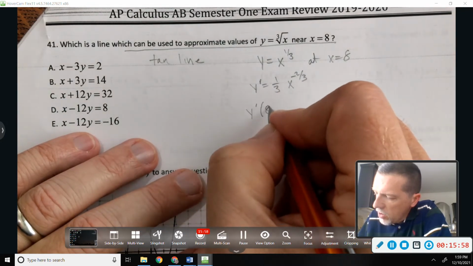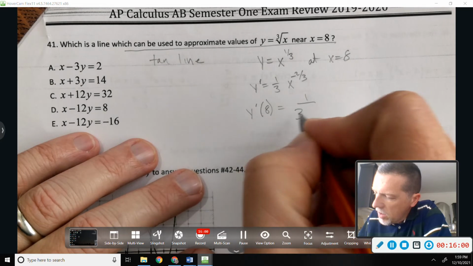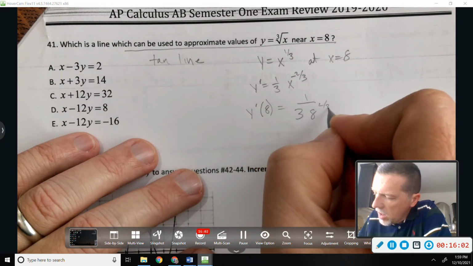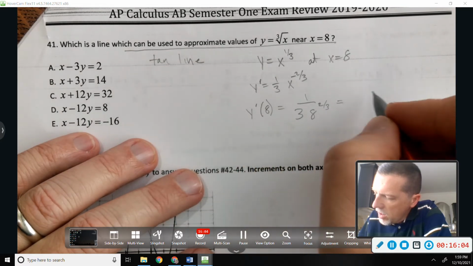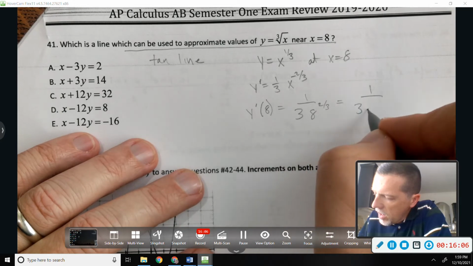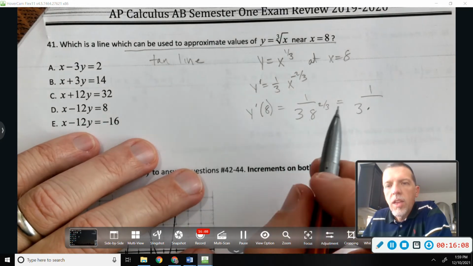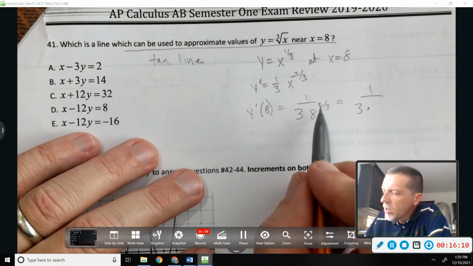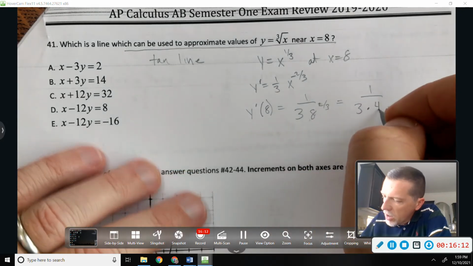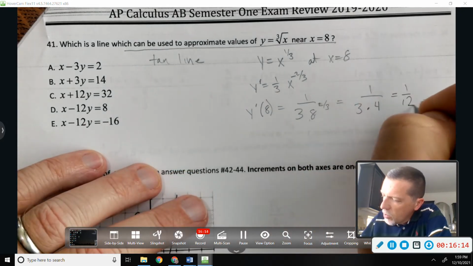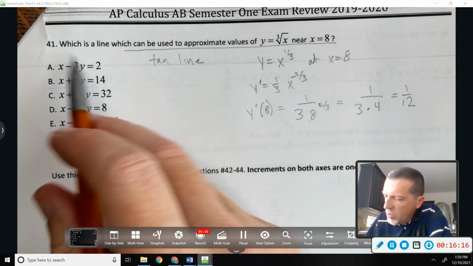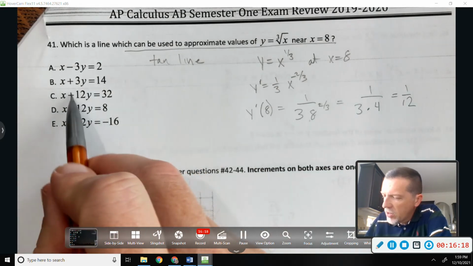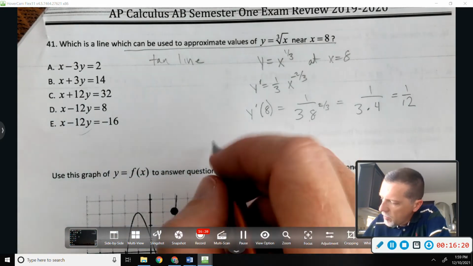So I need the slope at 8. Let's see. 8 to the 2/3. So the cube root of 8 is 2. 2 squared is 4. So 1/12. I don't see 1/12 listed over there, but I do see some 12, so I'm thinking those are probably it.